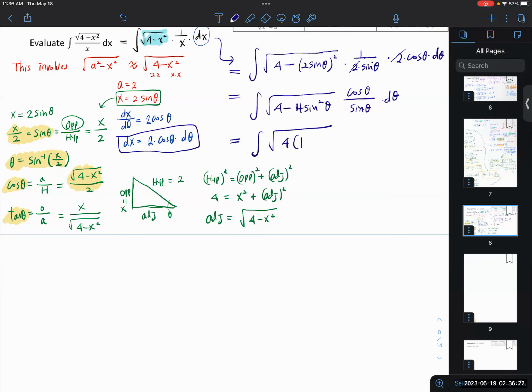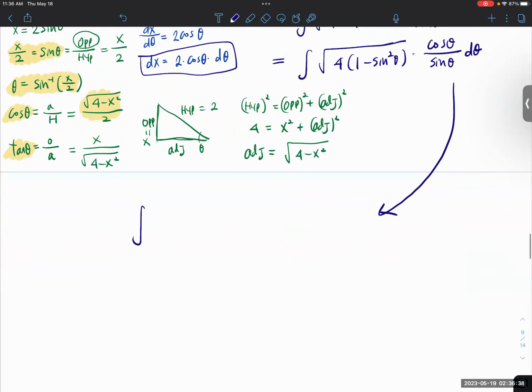This is a 4, so 1 minus sine squared theta. And we have a cosine theta over sine theta d theta. So if you bring it over, we have 4, 1 minus sine squared theta, cosine theta, sine theta d theta.